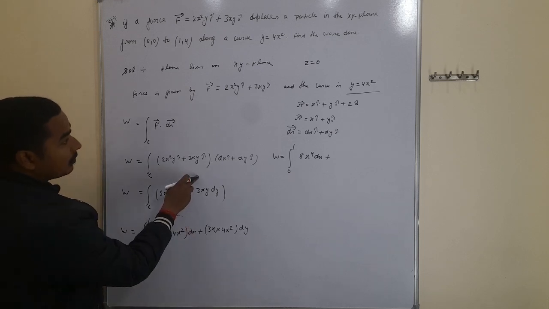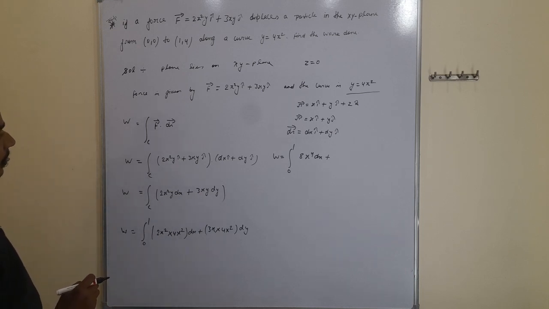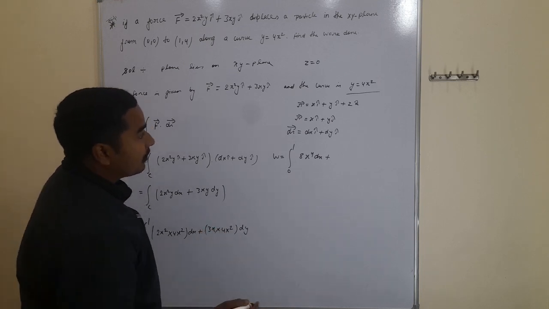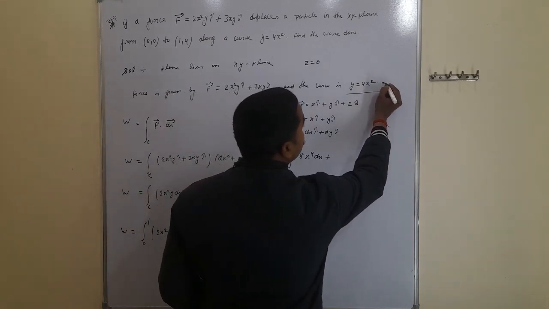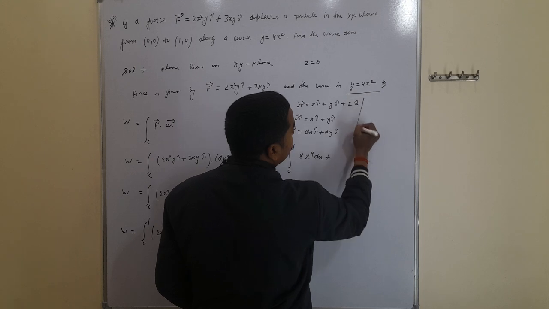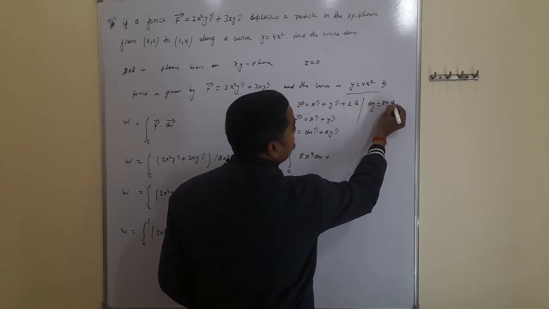Once again, we can put the value of dy from the curve. Differentiating the curve with respect to x, dy is equal to 8x dx.